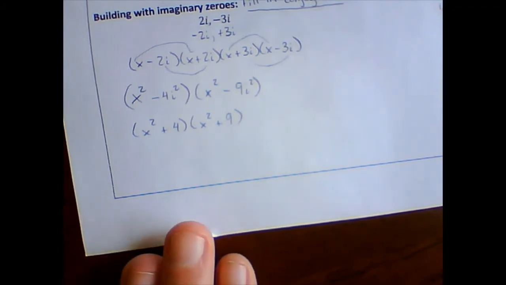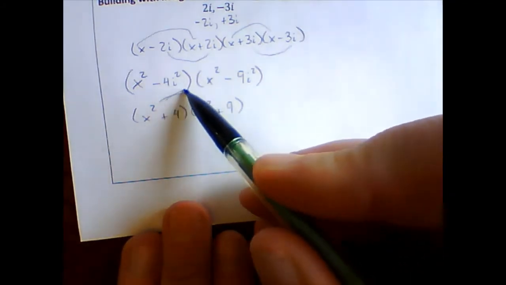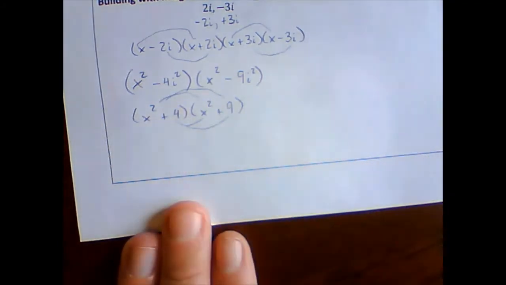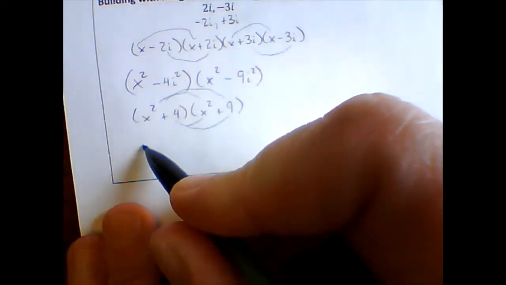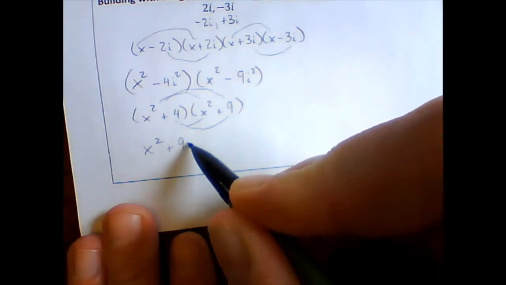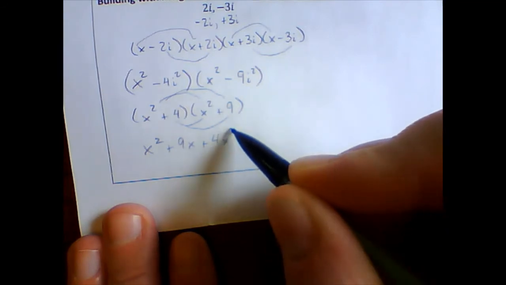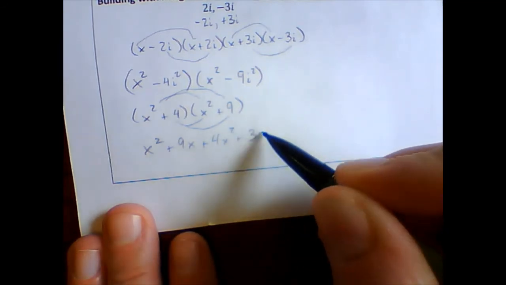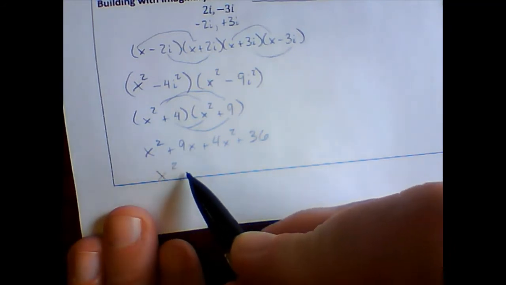And with the conjugates, we now have 2 little binomials that we can FOIL because these are no longer conjugates, so we're going to have to do a full FOIL. So the x squared and the x squared, there's our x to the 4th. And I am just messing up on the exponents all over the place, but I am a little too tired to fix it.